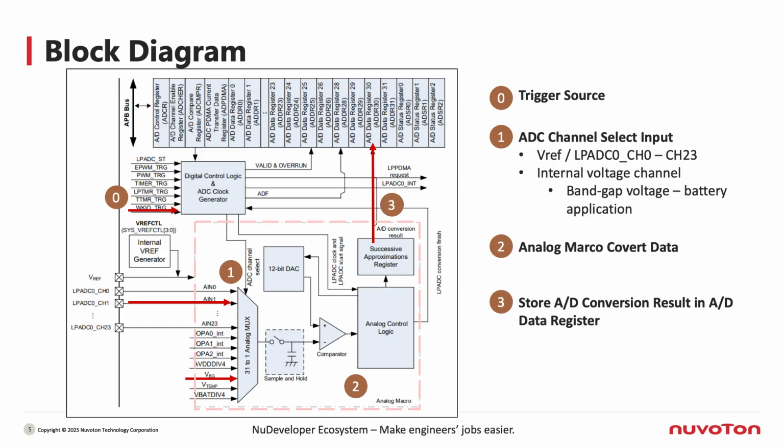Once triggered, the ADC will use the analog multiplexer to connect the selected input channel and perform charging and discharging on the internal ADC capacitor. The signal is then converted and processed by the ADC macro, and the result is stored in the corresponding channel data register. Finally, an ADC interrupt is generated to notify the user that the conversion is complete.